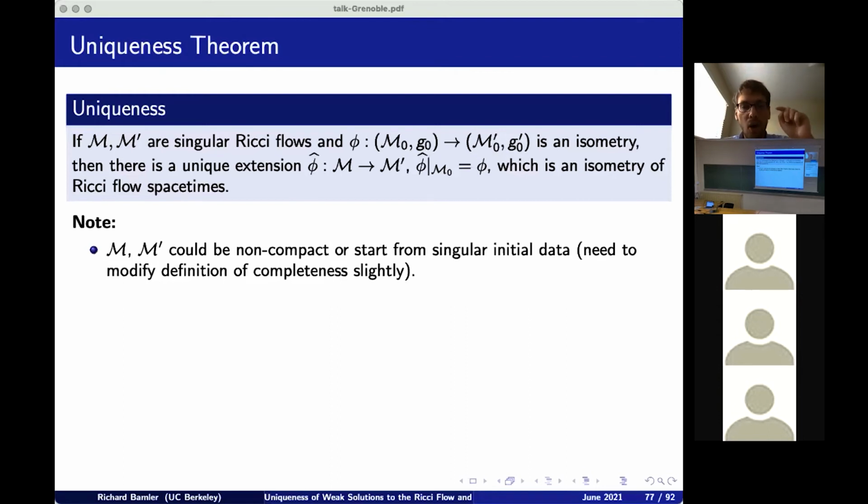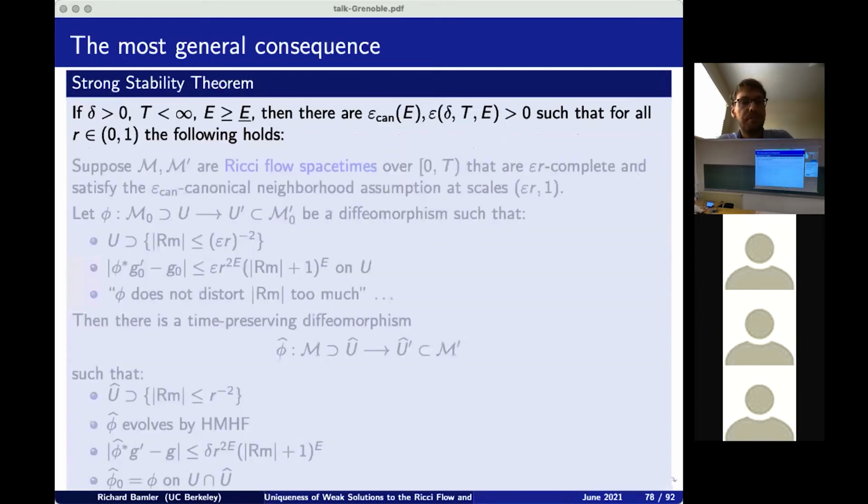It's only singularities that can be described using the canonical neighborhood assumption. So essentially, they can only be these cuspidal singularities. I need the flow at time 0 to satisfy the canonical neighborhood assumption. That means high curvature regions still need to look like necks or caps. So that, of course, restricts what kind of singularities we see. Thanks for the question. I should have clarified this.